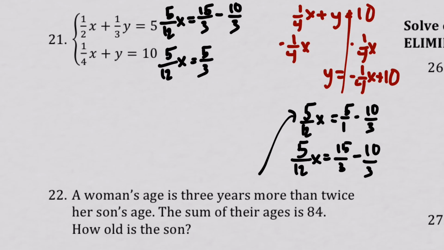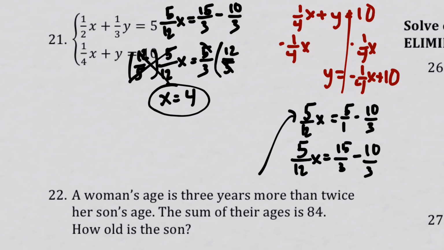And I'm almost done. Get rid of the 5/12s by multiplying times the reciprocal of it, which is 12/5. 12/5. And there's your answer. 5 and 5 cancel, 12 and 12 cancel, so it's x equals, the 5 and the 5 cancel, so you have 12/3, which is 4. Your x value is 4.